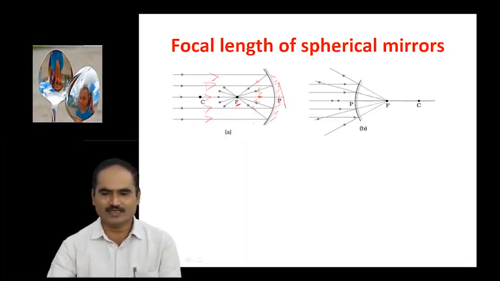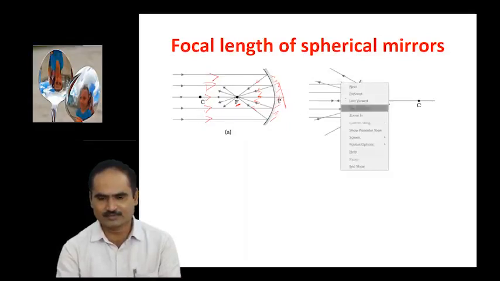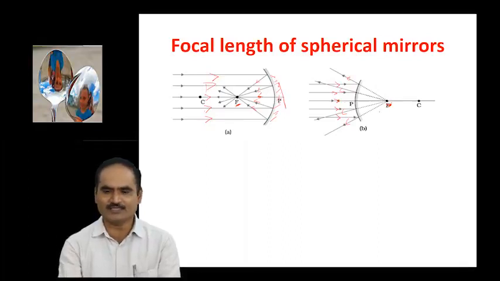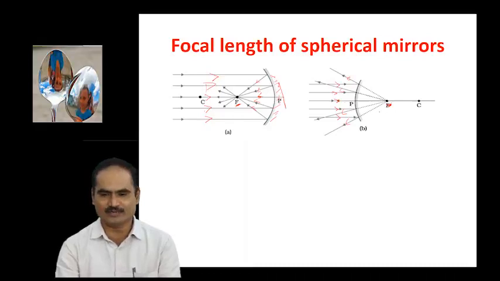In the same way, if a parallel beam of light rays is incident on the convex mirror like this, they will be reflected back in such a way that they appear to come from a single point. This point of divergence is called the principal focus of a convex mirror, right?